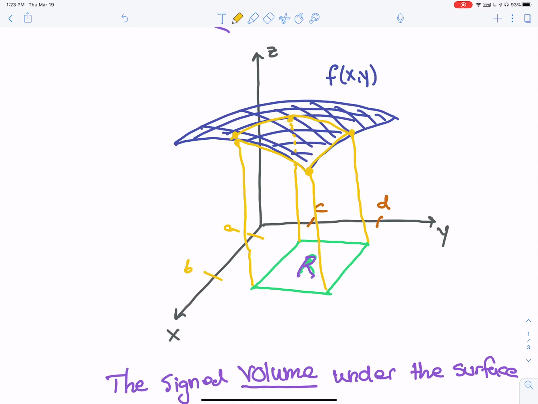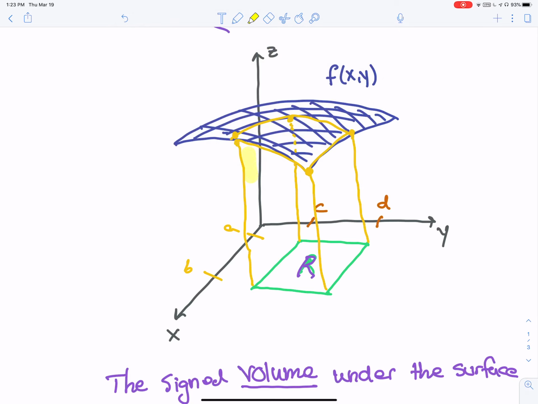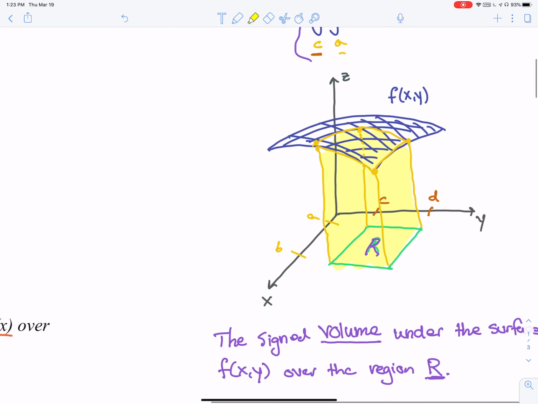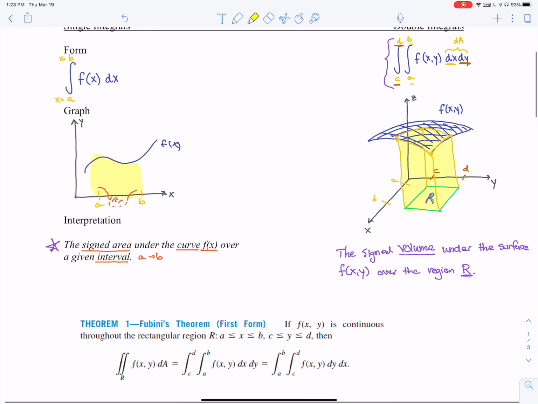This is going to really test the ability of my drawing skills. But you're finding this volume contained in here. So it would be this volume right in there. So in this case, it's just a rectangular prism with an irregular top that's defined by the function xy.